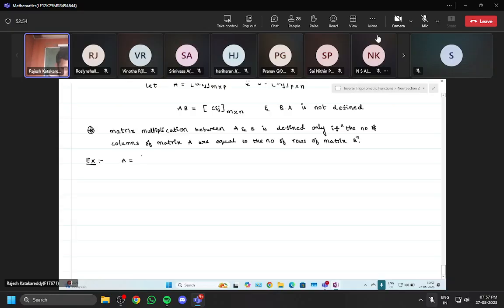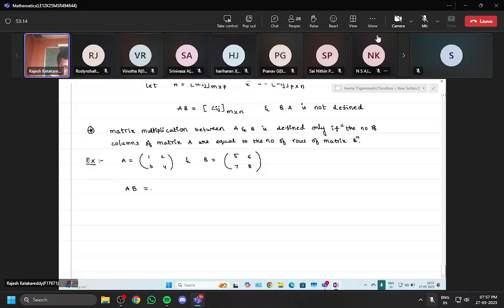So, an example for the one who is learning first time. Let us take second order square matrices. I'll prove here itself that matrix multiplication is not commutative using this.